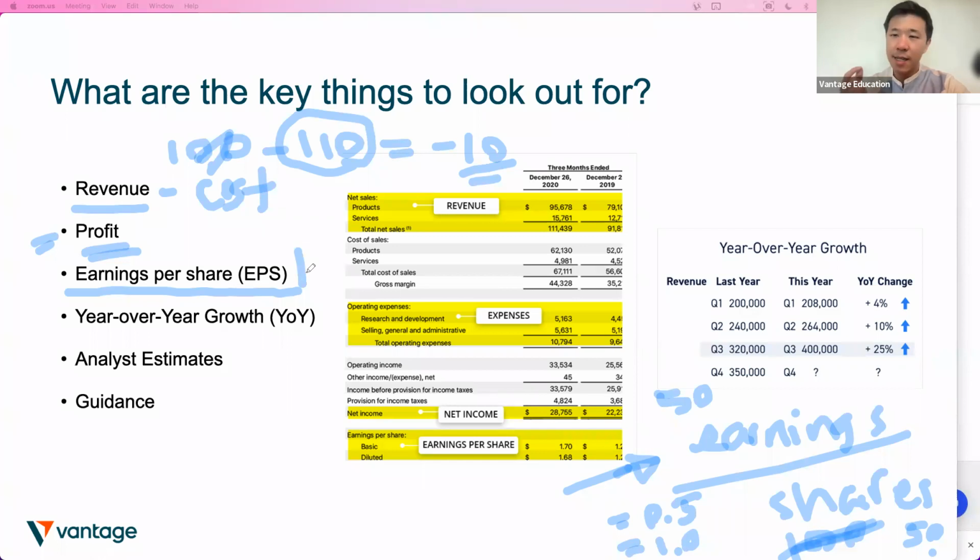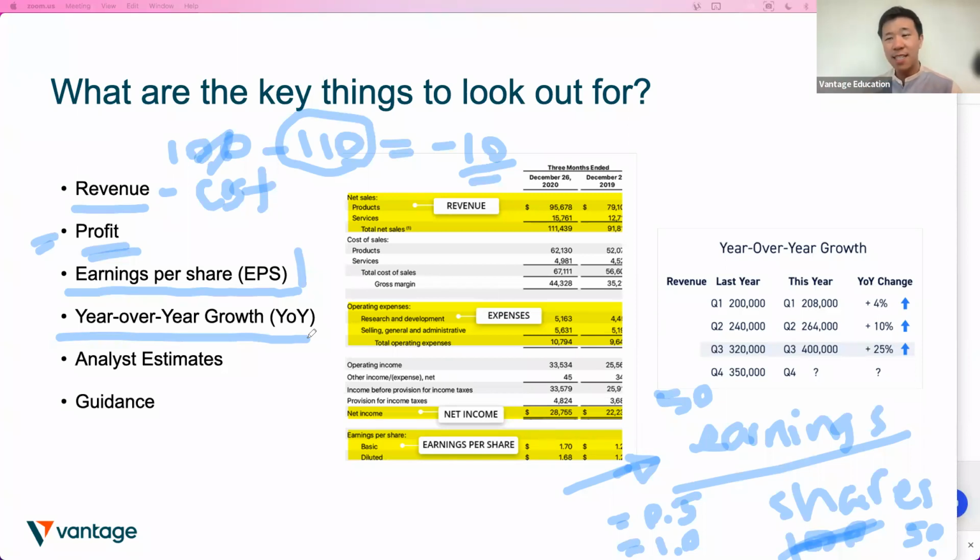But one of the key things that many traders look at when they begin trading earnings reports is the EPS. All right. If you're a little bit more of a long-term trader, you look at year-on-year growth, to see how the company is performing. If a company is doing well, logically, it makes sense that growth improves year over year, right? That is one of the key things you look at.